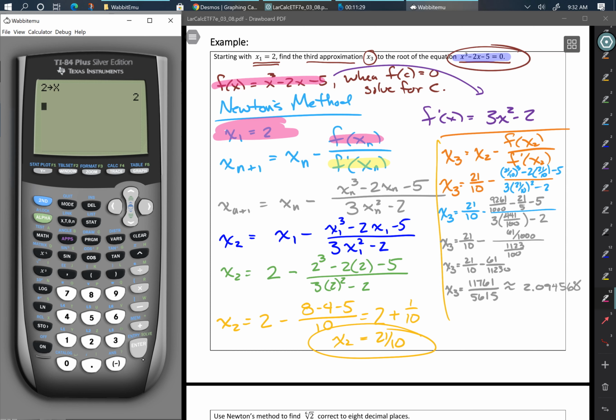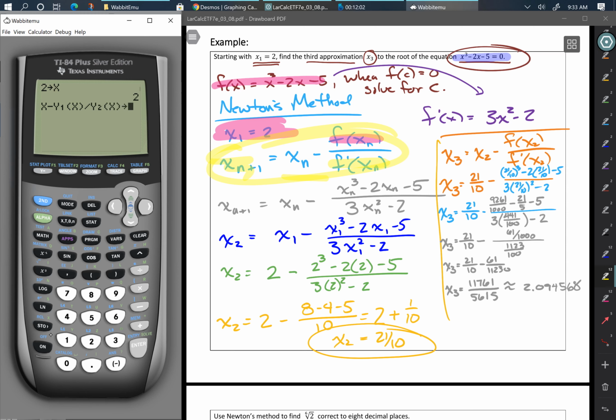Now what I'm going to do is type in this formula. Not the left-hand side, but just the right-hand side of that. I'm going to take the x minus the function, that was y1 of x, and divide that by y2 of x.